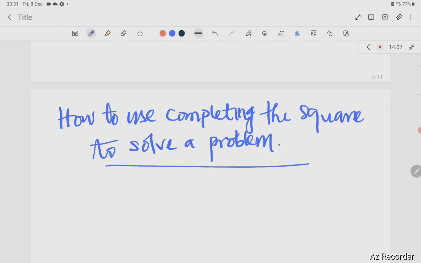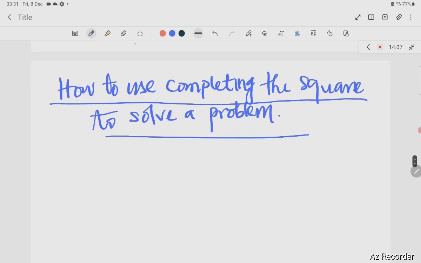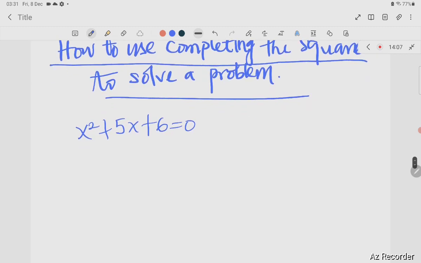You still follow the same procedure, given that we have x squared plus 5x plus 6 equals 0. So we want to make this a complete square. How can we make it a complete square?